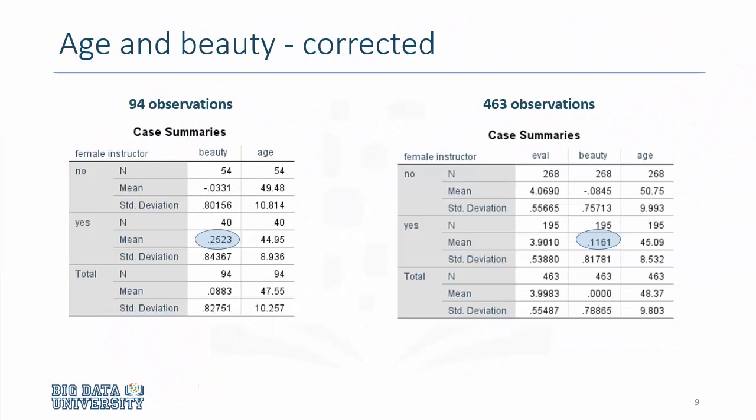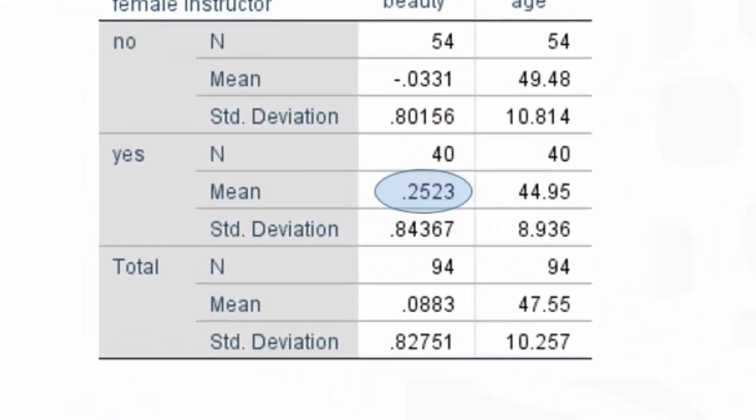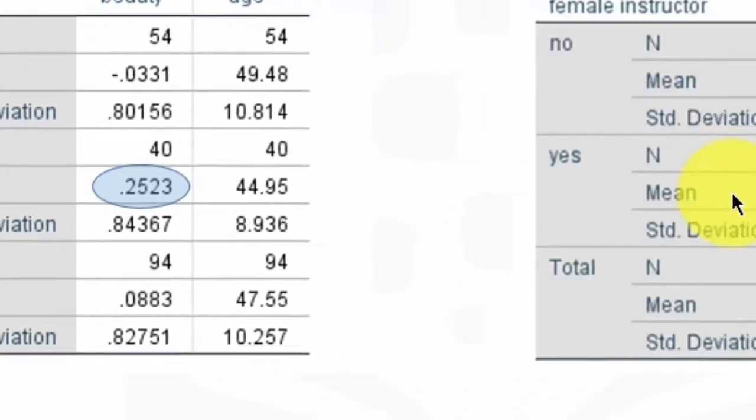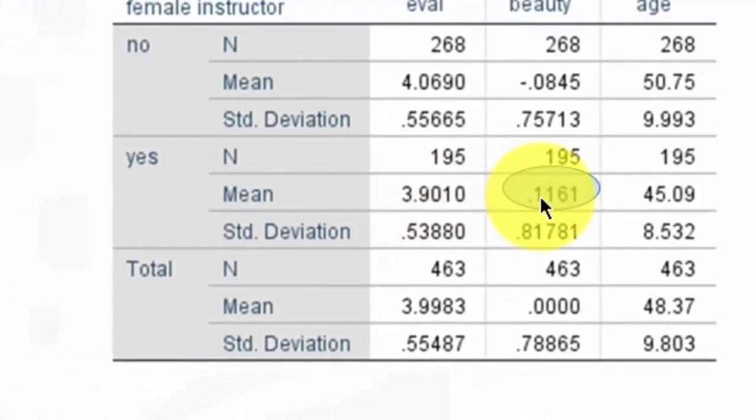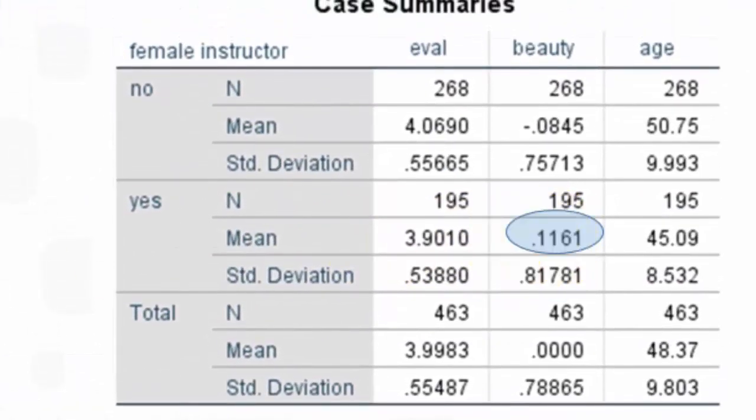Now let's look at the comparison. When we use 94 observations where no instructor is repeated in the dataset, the average beauty score is 0.25. When we look at the 463 courses, the average value is 0.11. Or let's compare the age.